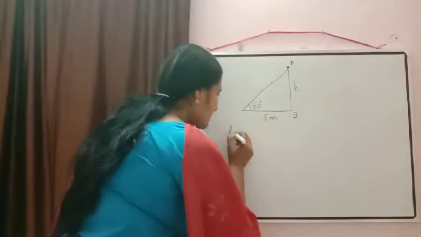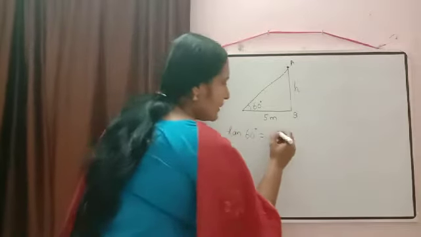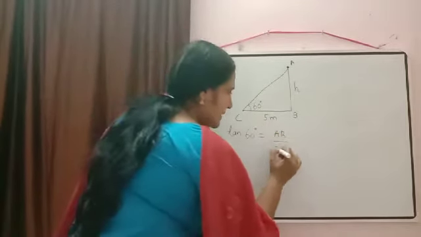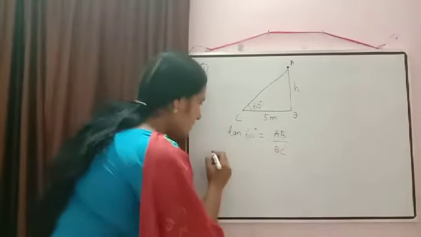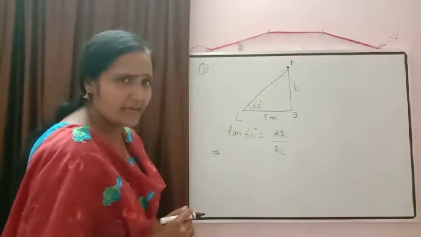So tan 60 degree is equal to, according to the formula, AB by BC. Here I have marked the point as C. Now substitute the values which you know. How much is tan 60 degree?